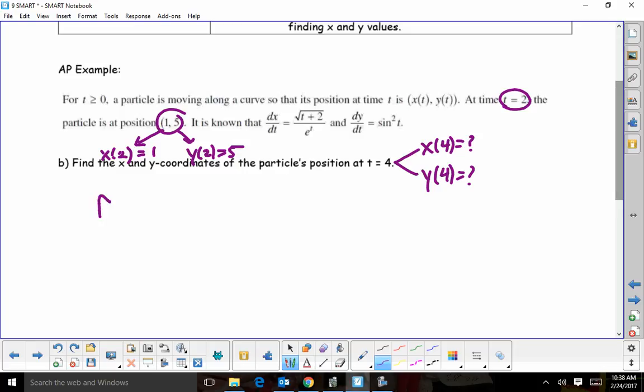So on my x's, what are the 2 times that I know? I know the 2 and I want the 4, the 2 times that we're dealing with. And then my dx/dt, you could write it in, or you could just say dx/dt. If you like to write it in, you can. That's up to you.